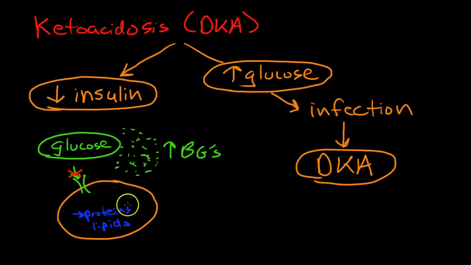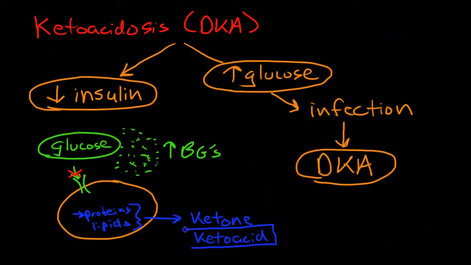Now our bodies can work fine with just proteins and lipids, but one of the byproducts of metabolism of proteins and lipids is ketone bodies, or keto acid.